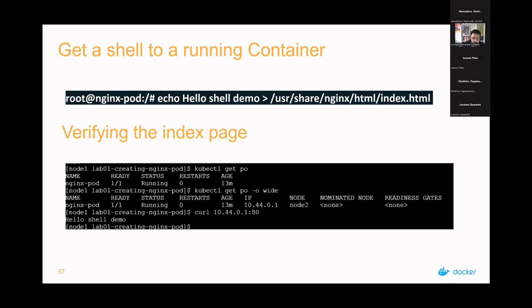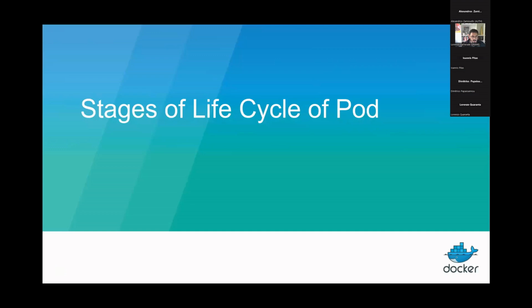With the GET, we get the object from the web service, and under port 80 of this IP address, the object which is behind, which is the web page, of course not formatted in HTML, with just a text: hello shell demo. Of course, this could be run also in a browser. It will be shown up in a browser, but if there is HTML, it will be rendered as the CSS specifies.